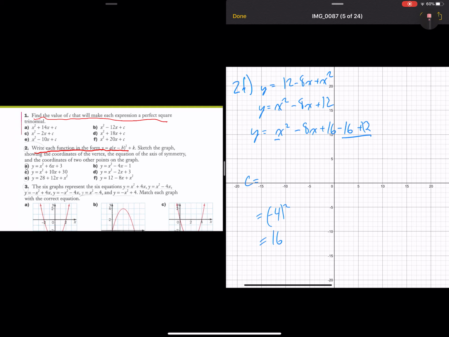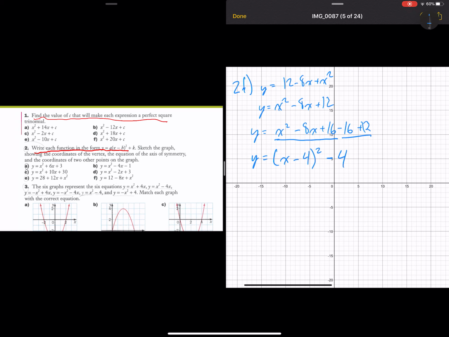Let's erase what we don't need. y equals x minus, by the way, this minus comes from there. Whatever that value is, that's what's in our equation. That's from Unit 3, Polynomials. x minus 4 squared, minus 16 plus 12.